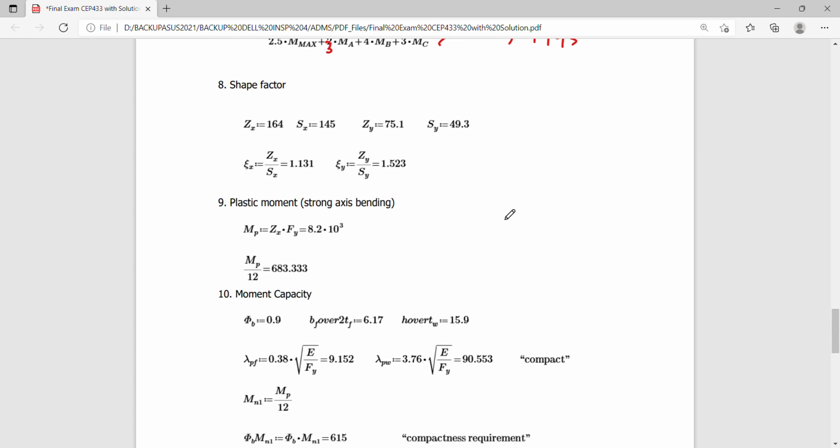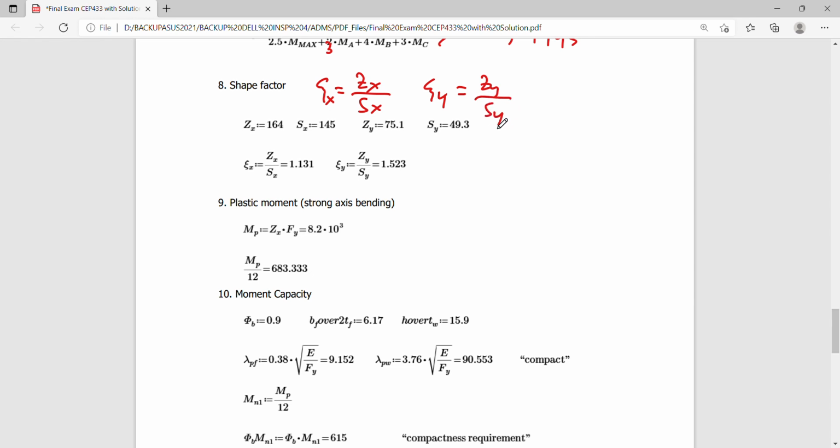For the shape factor, all we have to do is to divide the plastic modulus with the section modulus on the basis of direction of the bending. So for shape factor x, you get Zx over Sx, and for shape factor y, you get Zy over Sy.